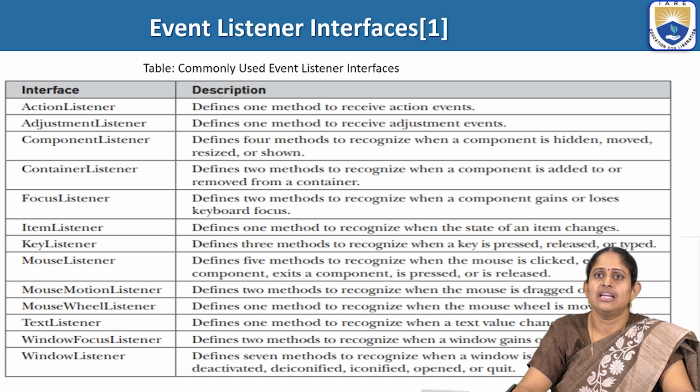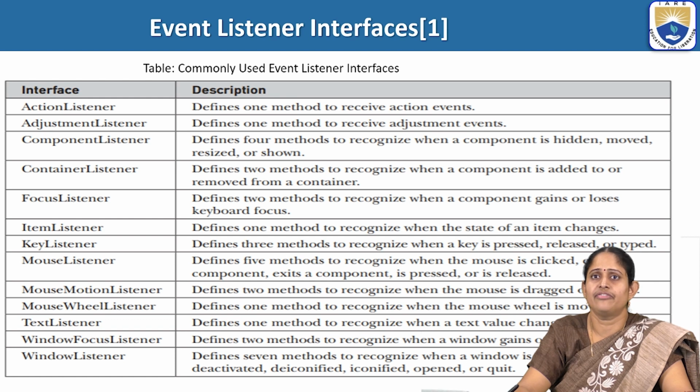These are the commonly used event listener interfaces. The action listener defines one method to receive action events. Adjustment listener defines one method to receive adjustment events. Component listener defines 4 methods to recognize when a component is hidden, moved, resized, or shown.